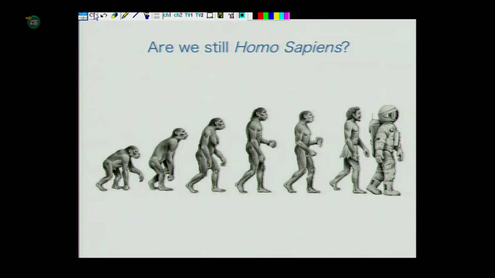Things we can do increase because of the development of tools, but there has been no big breakthrough such as the transition from four-legged walking to two-legged walking. So we think genetic information and phenotypes have not changed.